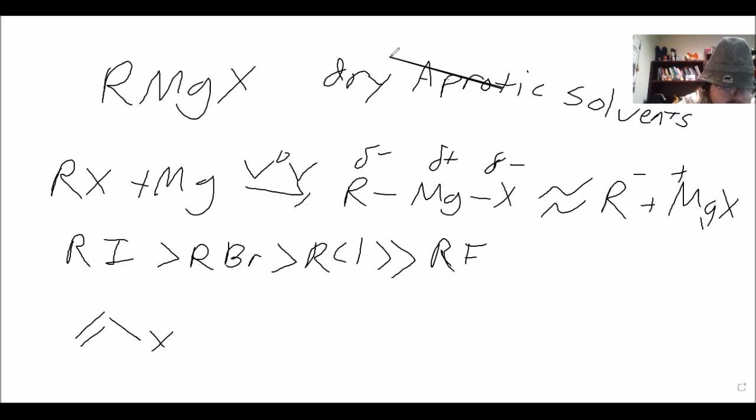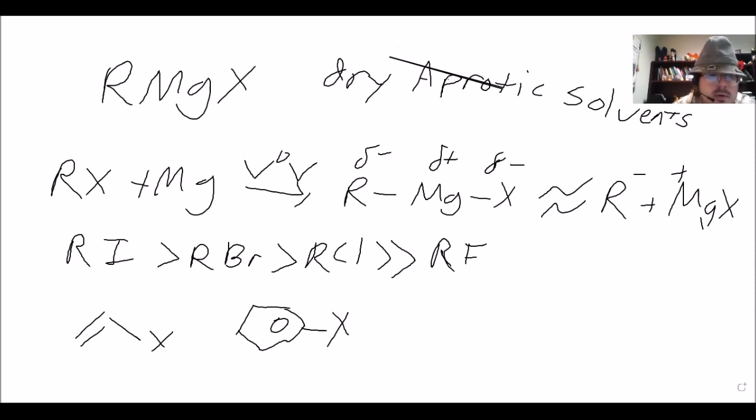We can put the magnesium in there. All of these are valid R groups that can be put in there. The only thing is, once again, you have to make sure there's no acidic portions. If there's an alcohol on that R group, that alcohol is acidic. The reaction will self-react and neutralize itself. And so that won't work.